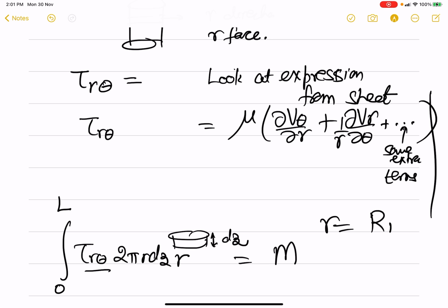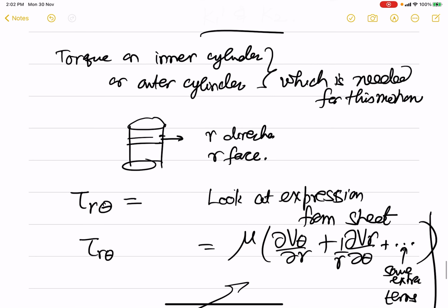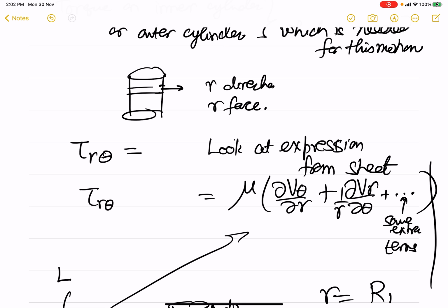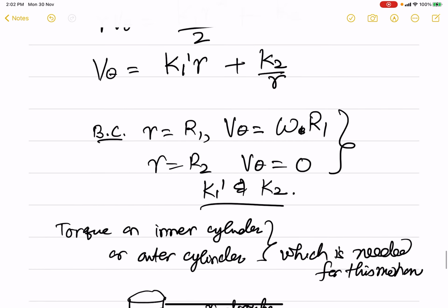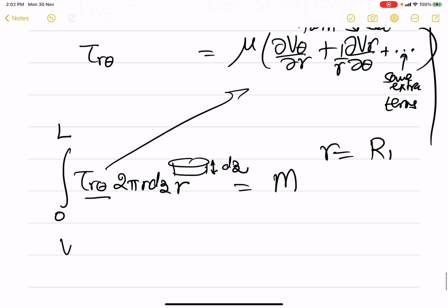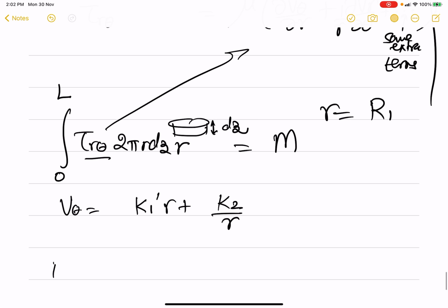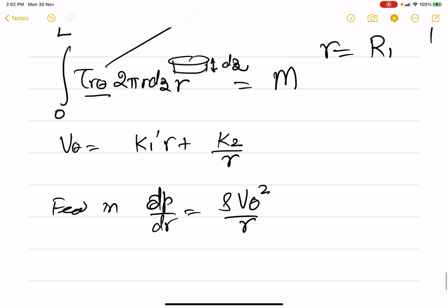But now we don't need to make any linear assumption. For tau r theta, we know the velocity profile. From there, we will be able to get the expression. Once you know the expression for v theta, v theta is equal to k1 prime r plus k2 by r, you feed this in to dp by dr is equal to rho v theta square upon r, and you integrate this to get pressure as a function of r.